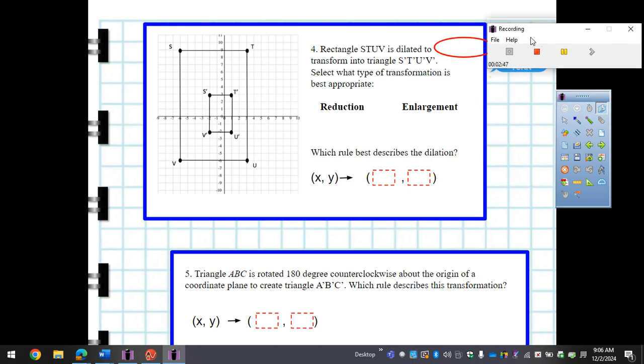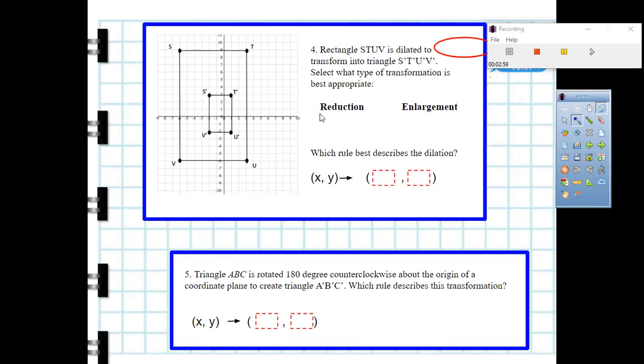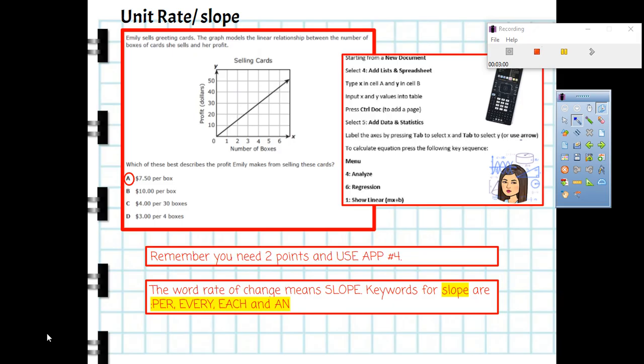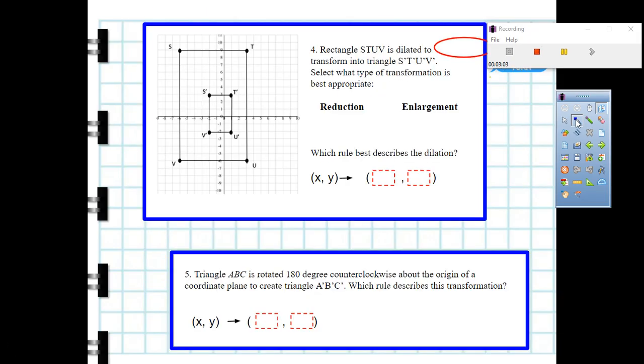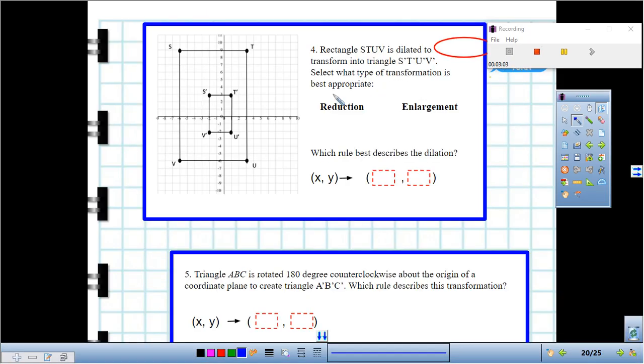Okay, let's see this one right here. This is a dilation. You can see since the S here has no prime, this one has a prime, it's getting smaller. So we know it's going to be a reduction. I always go, in my opinion, basically not thinking at all.